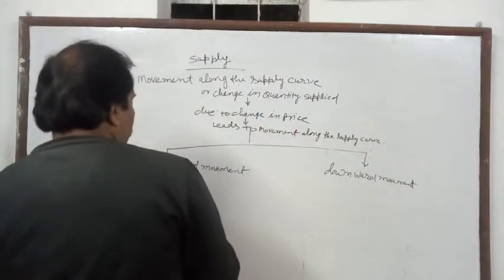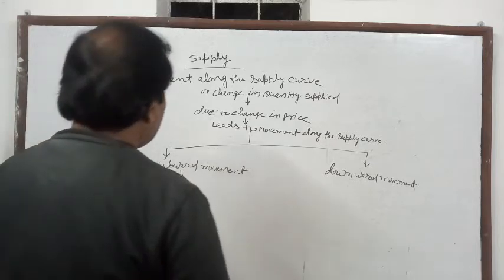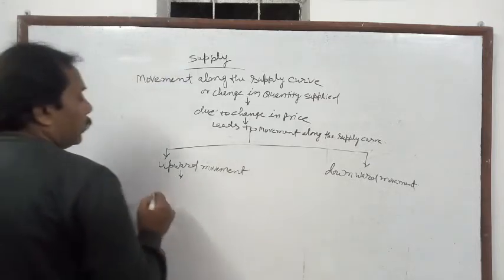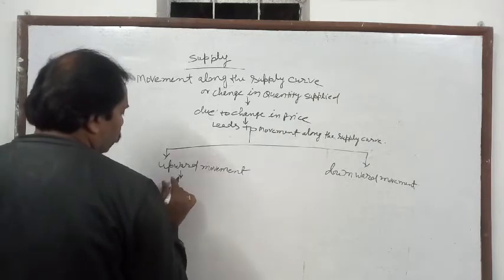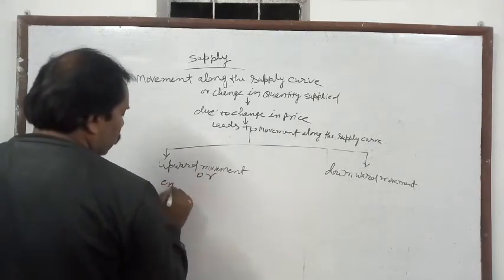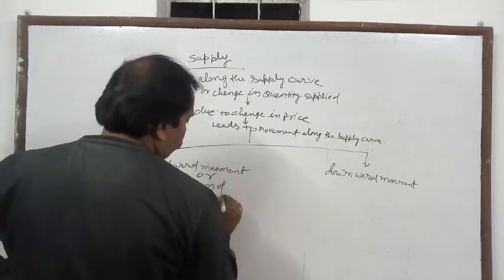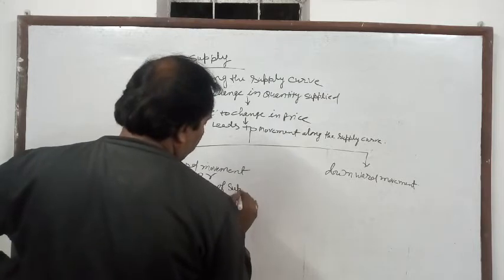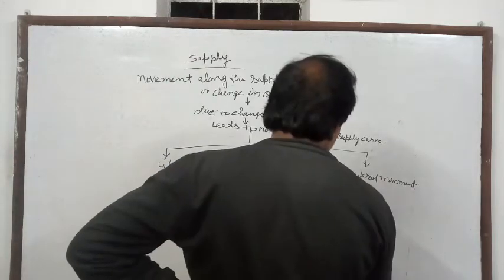Okay, upward movement is also known as expansion of supply, and downward movement is known as contraction of supply.